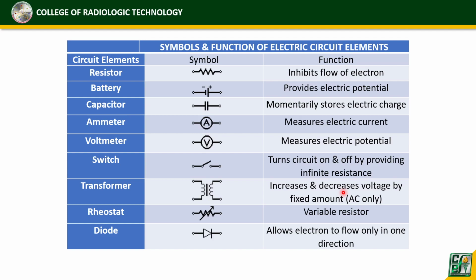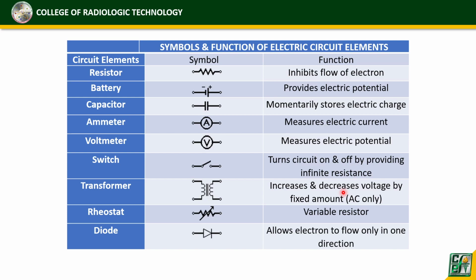Then capacitor momentarily stores electric charge. Then the ammeter measures electric current. Voltmeter measures electric potential. So bakit kailangan nating alamin to? So later mamaya papakita natin kung saan to makikita sa ating circuit. And of course, switch turns on and off by providing infinite resistance.